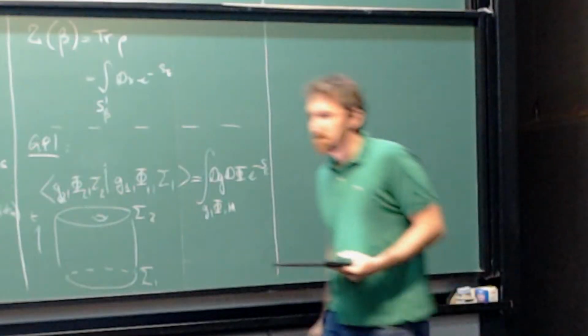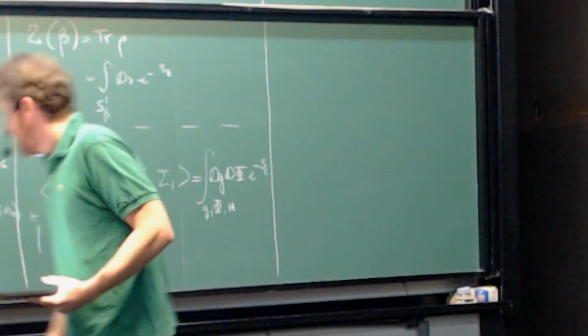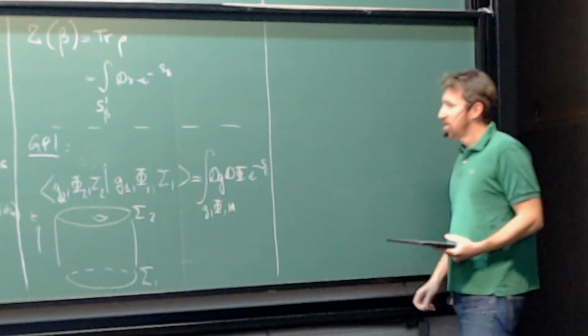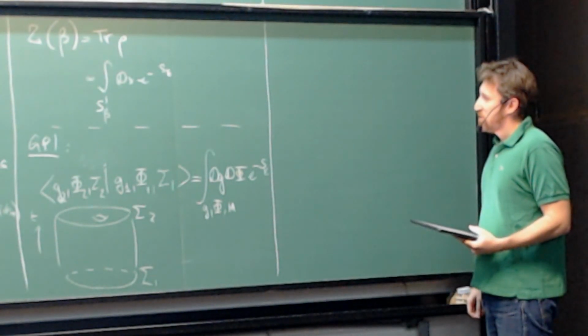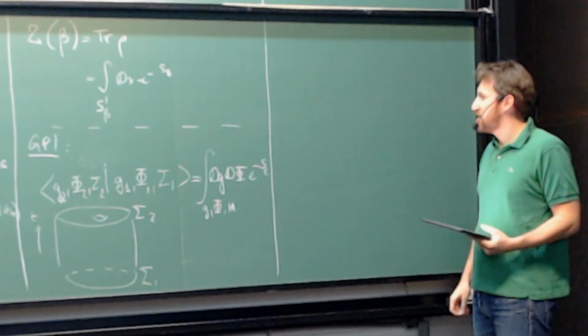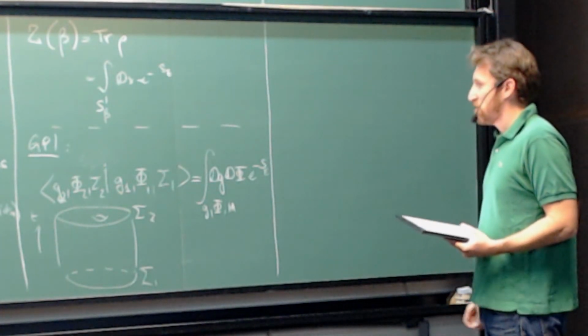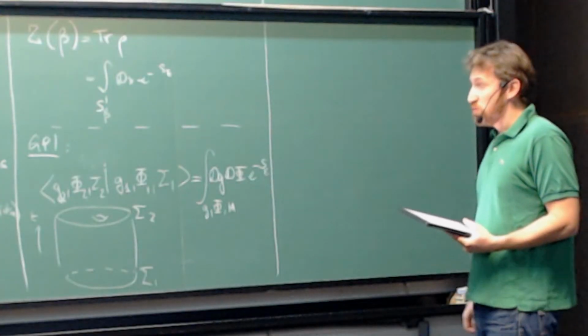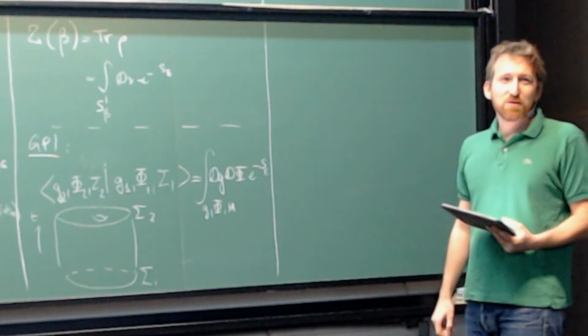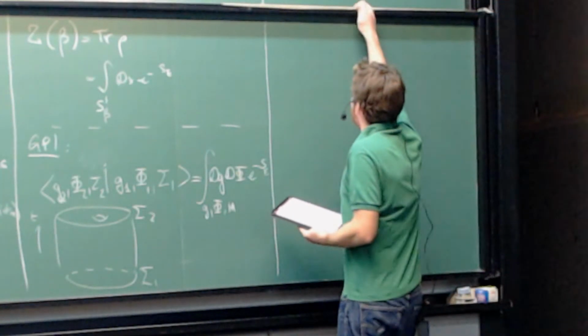Okay? So, let me tell you some details. What I'm going to do now is to actually do a computation with this gravitational path integral. And then tomorrow, I'll tell you everything that was wrong about this computation.